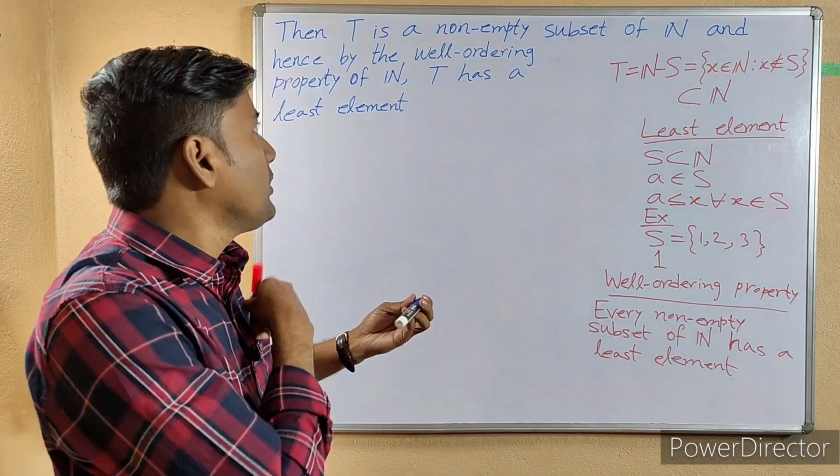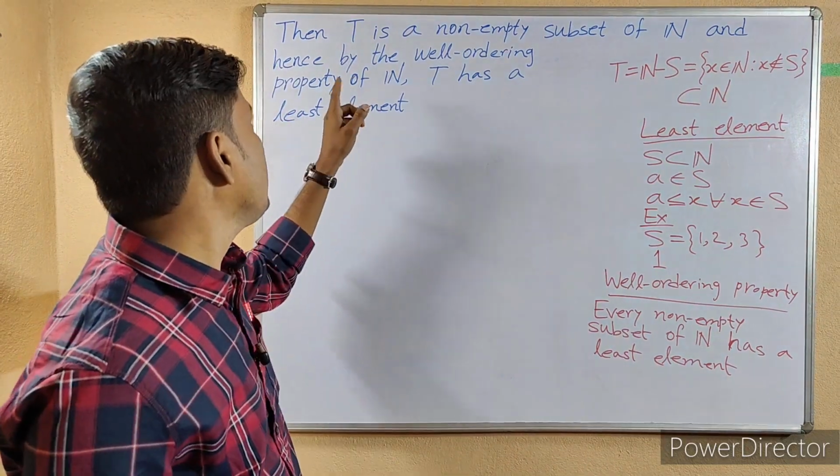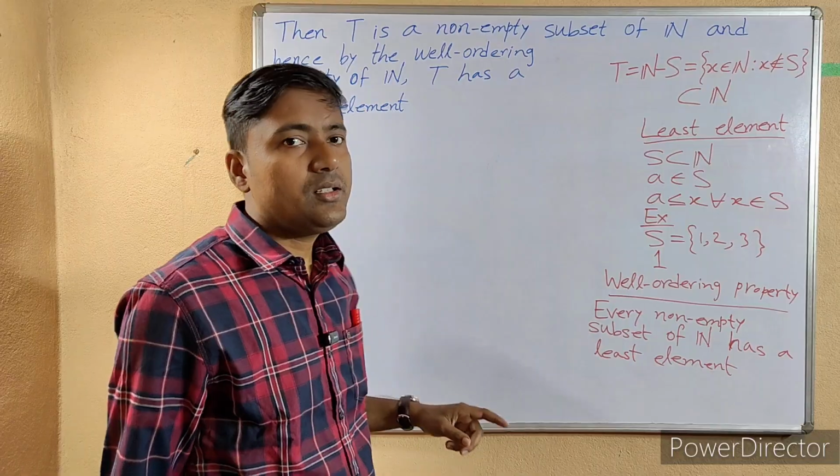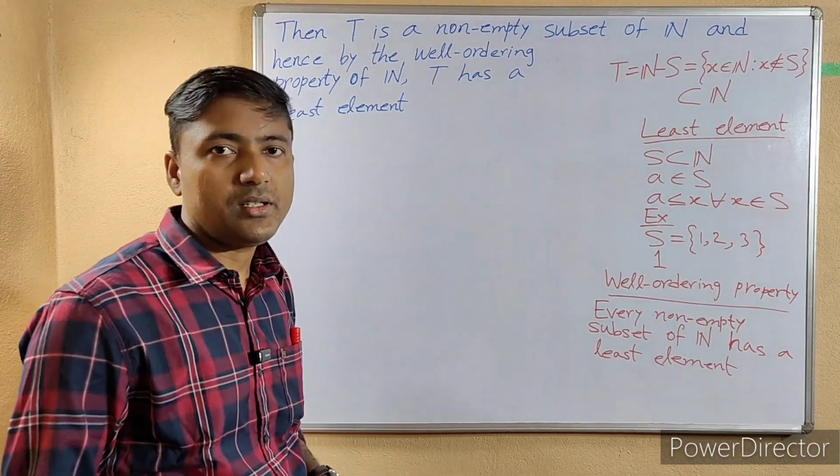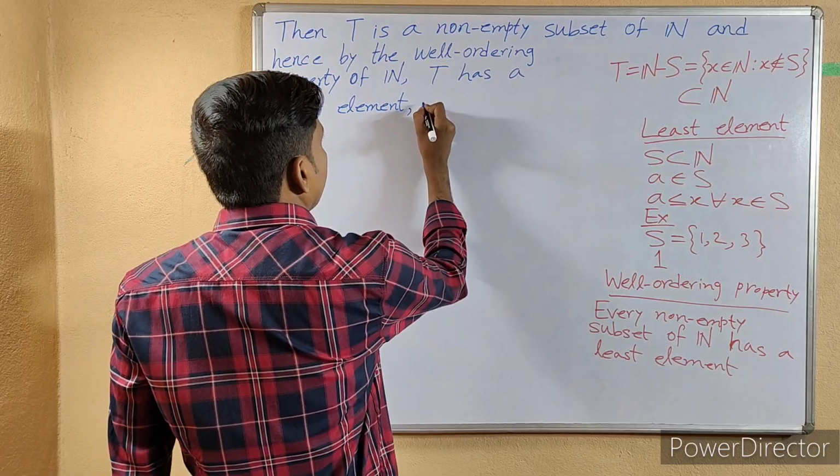Now come back to the proof. T is a non-empty subset of N, and hence by the well ordering property of N, T has a least element, say m.